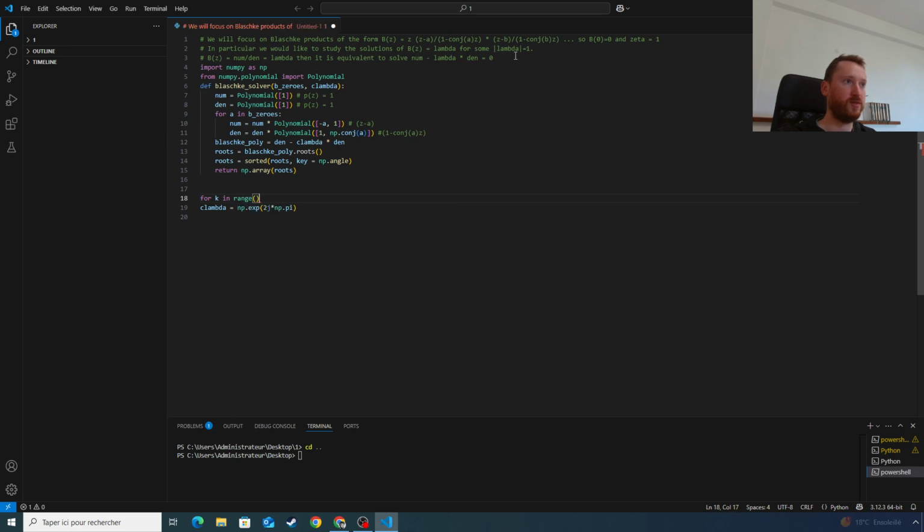Okay, in range, n_iter is equal to 4. For k in range(n_iter), we define our c_lambda times k over n_iter, then we call blaschke_solver at, okay, we need also to define the zeros of B, so b_zeros is equal to 0.